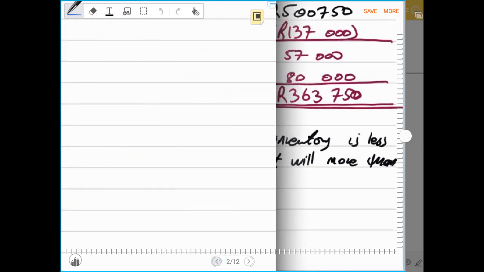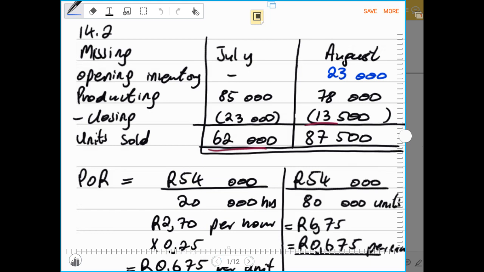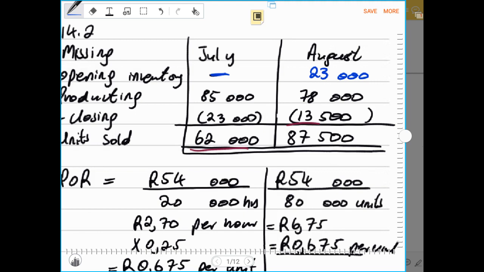That means we can immediately perceive that from the scenarios that are given to us in this case, where we see that the opening inventory is 0 in the case of July, and if the opening is less than closing, which it is because it's 0, therefore this means our absorption profit in the case of July will be higher than that of the direct method.